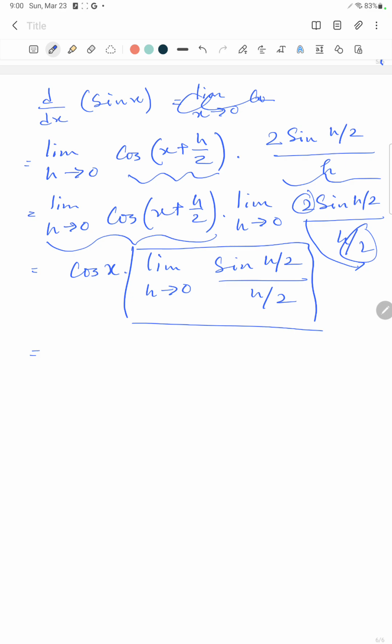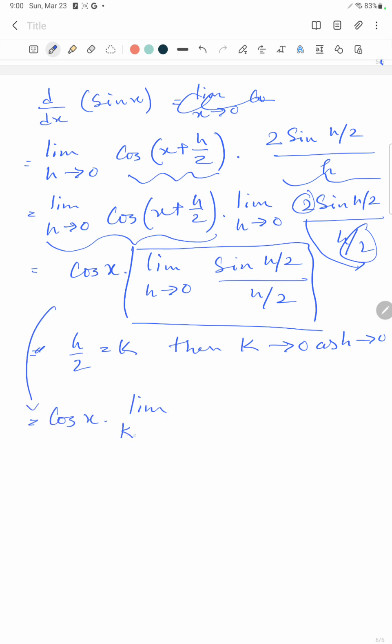Now if you consider h by 2 to be a number k, then k goes to 0 as h goes to 0. Then we can write this expression as cos x into limit k goes to 0 of sin k by k.